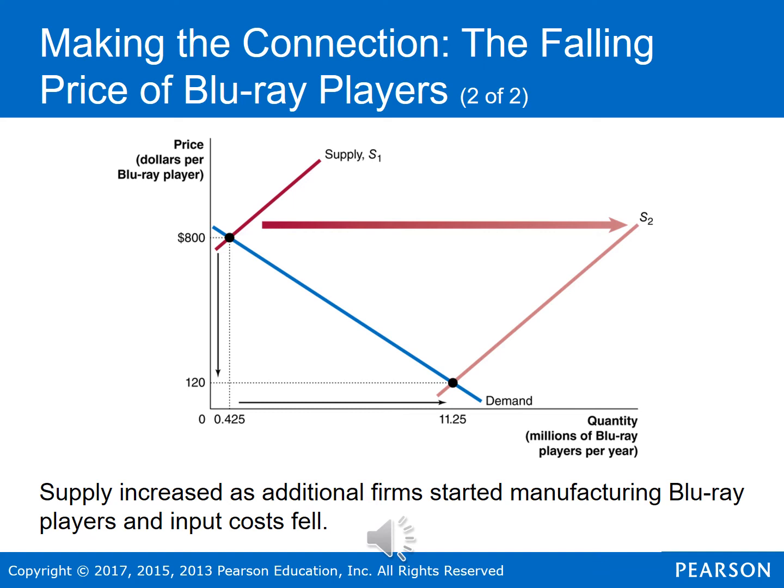Over time, the supply curve shifted out to the right, moving from S1 to S2, leading to an equilibrium price of about $120 and a quantity demanded and sold of 11.25 million Blu-ray players per year. So what we had is an increase in supply as additional firms entered the market and input costs fell. And this is what led to both lower prices and an increase in the quantity traded.